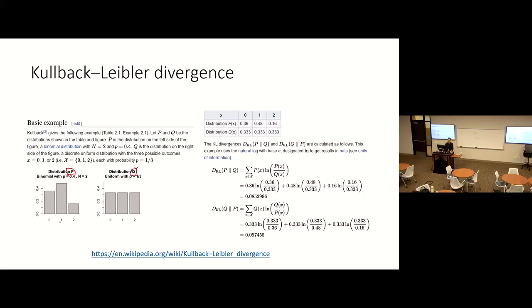It's higher in the middle, with a shape that looks like this, while the uniform distribution looks like this. So how can you compute the divergence between these two distributions? We compute the difference bin by bin: bin 1, bin 2, bin 3.